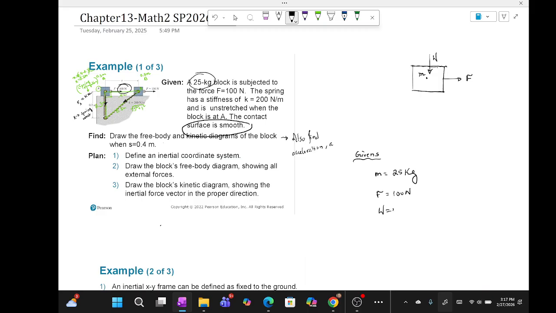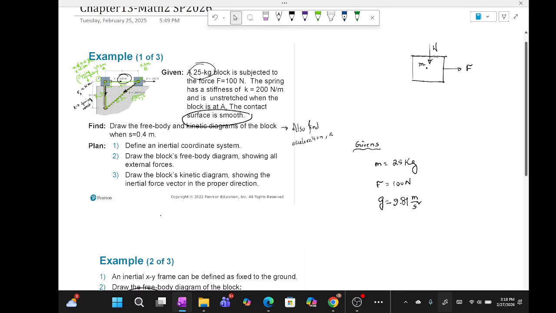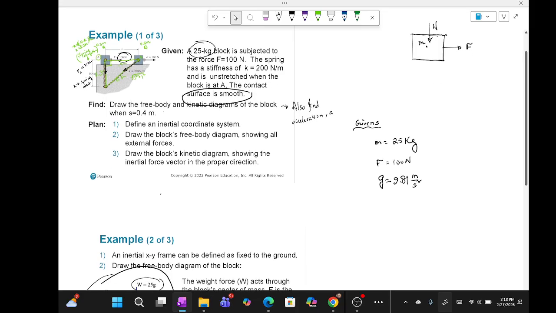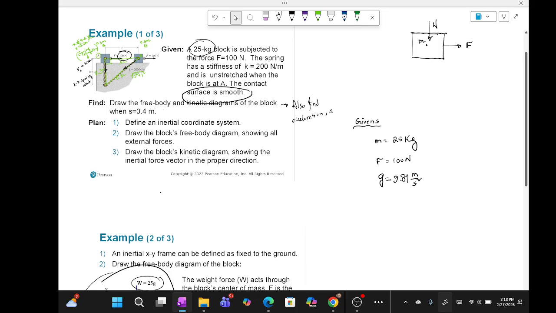This weight is not given directly. That's the equation for weight, mg. I'm not going to write it as a given. Rather, I'm going to write g, because g is known, right? 9.81 meters per second squared. You're probably already solving the whole problem, or you find the weight.